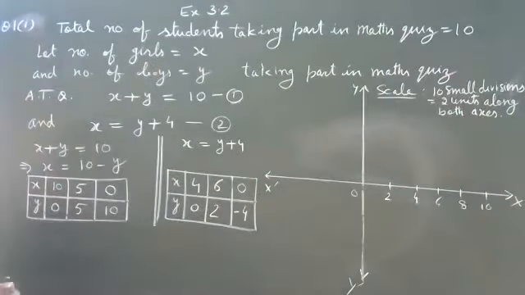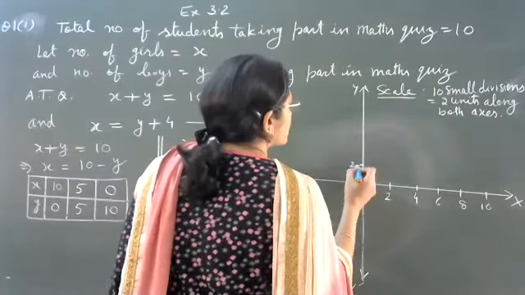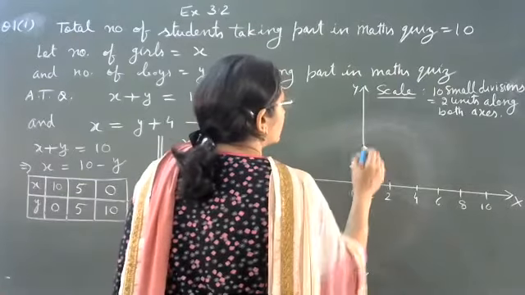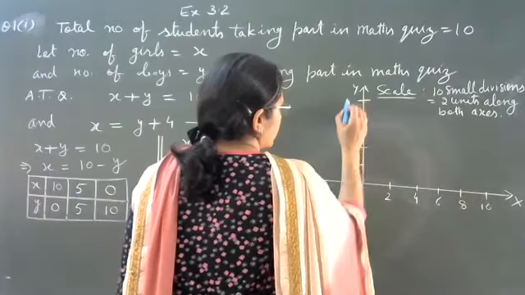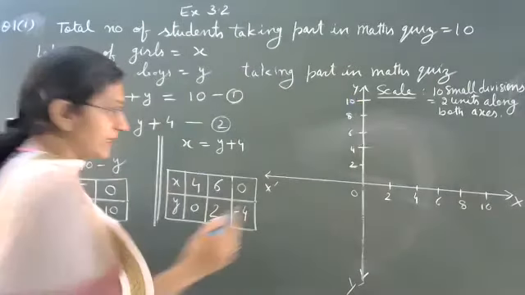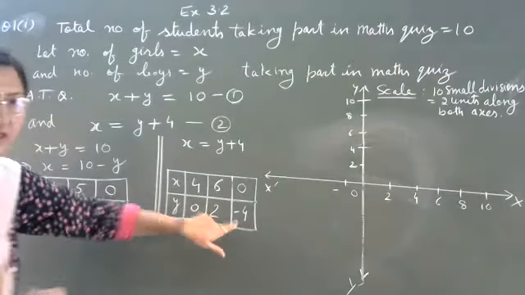Clear? Now along y axis also, here 2, 4, 6, 8, 10. Similarly, here negative signs you can put. We have kept negative values up to -4.